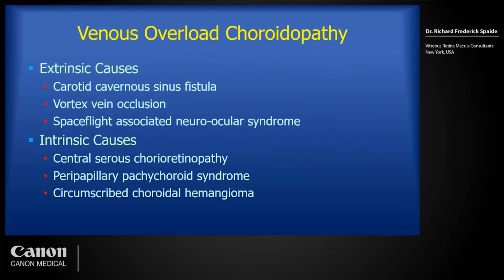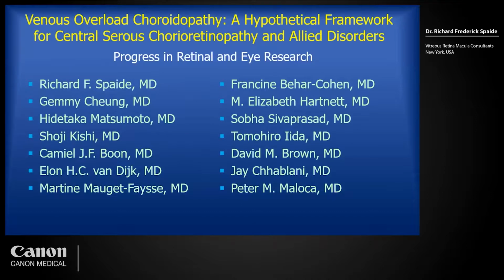This venous overload choroidopathy can be due to extrinsic causes such as carotid cavernous sinus fistula or vortex vein occlusion or space flight associated neuro-ocular syndrome, or intrinsic causes such as central serous chorioretinopathy, peripapillary capillary syndrome, or circumscribed choroidal hemangiomas. There currently is a paper concerning venous overload choroidopathy and related diseases in progress in Progress in Retinal and Eye Research.